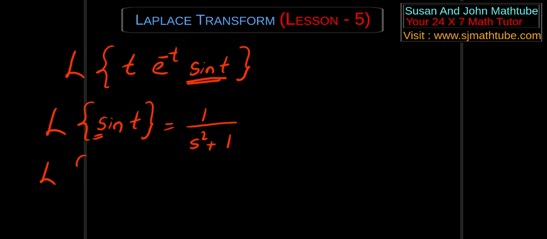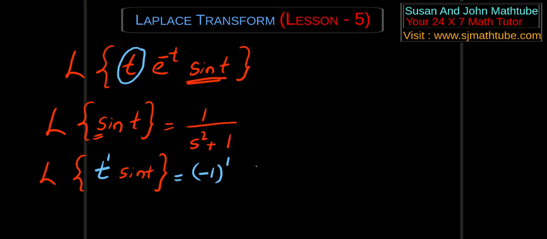Now I am going to write the same thing, but I am going to multiply this by t. If you want, you can multiply by e power minus t, or if you want, you can multiply by t. Anyway, I am going to multiply by t because I am in a good mood to differentiate. What is the property of t power 1? You write minus 1 to the power 1 and d by ds, you have to differentiate the above function.